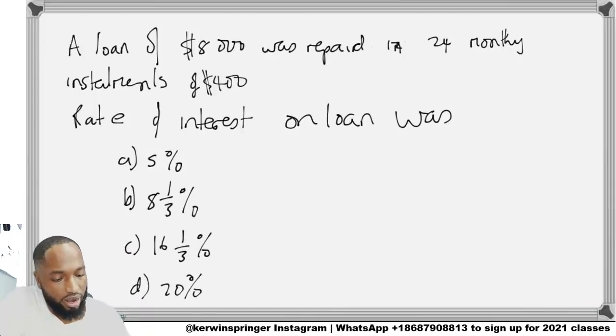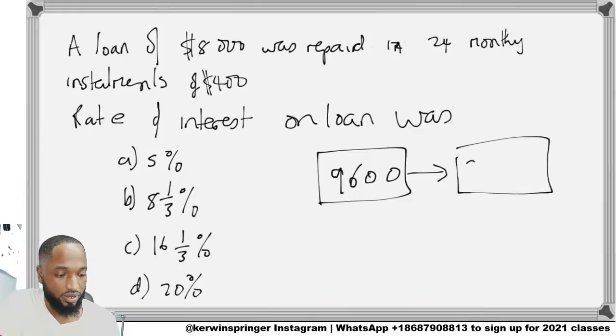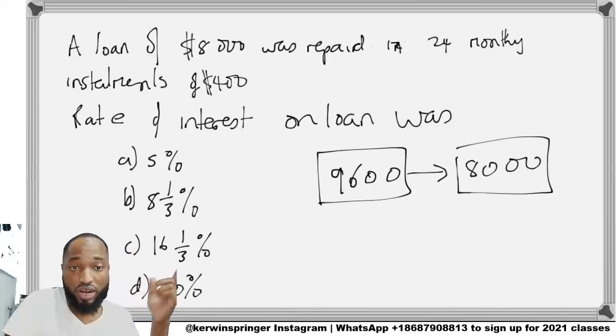Alright, so this is what I will do. The loan is 8,000. You paid it off in 24 by 400. 12 by 8, 96, so 9,600. This is how much you end up paying. So the interest you paid is 1,600 more than the actual price, right?